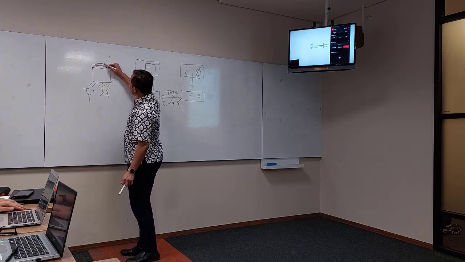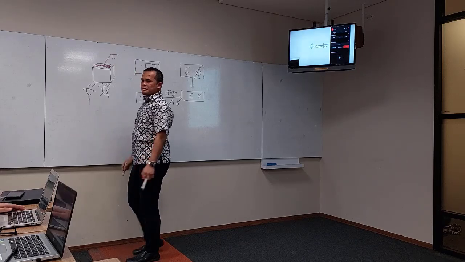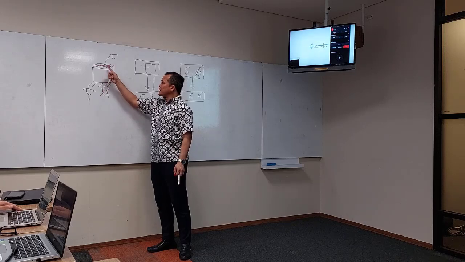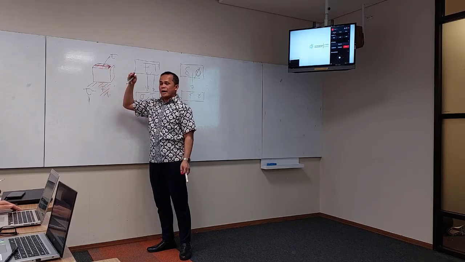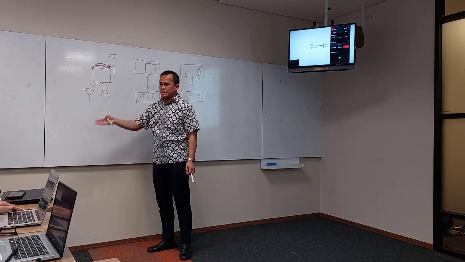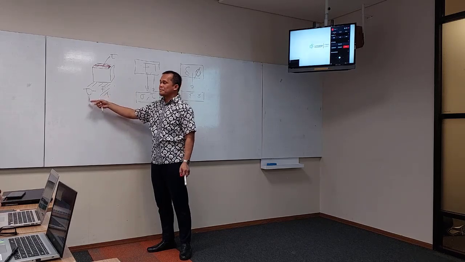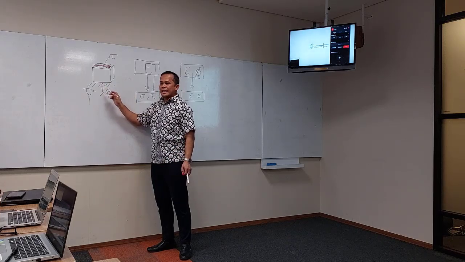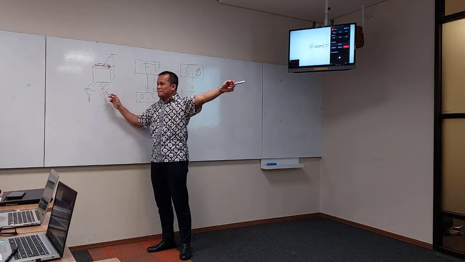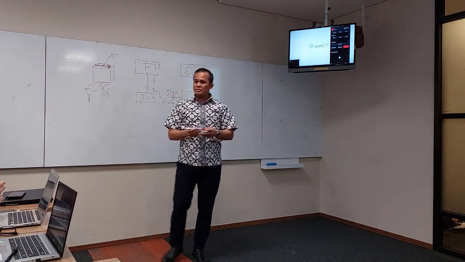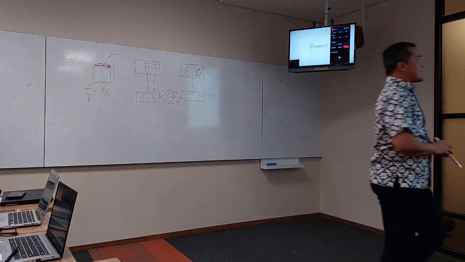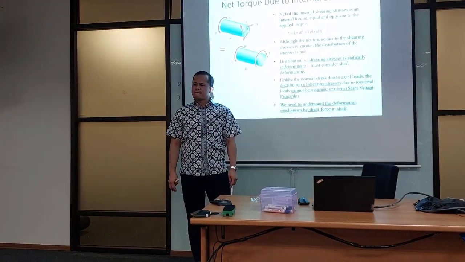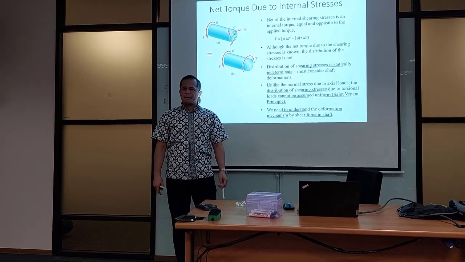This is the tau because of the F. F is there, you then divide it by the area on which the F is applied, it becomes tau. So that F, which actually originated from the torque, becomes tau. So that's the process of how a torque can generate tau. Let me repeat.